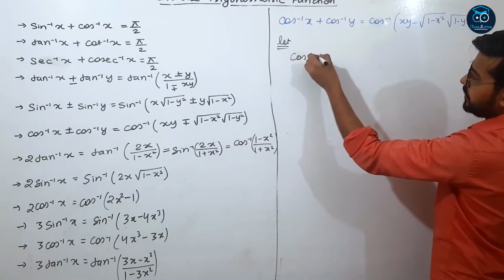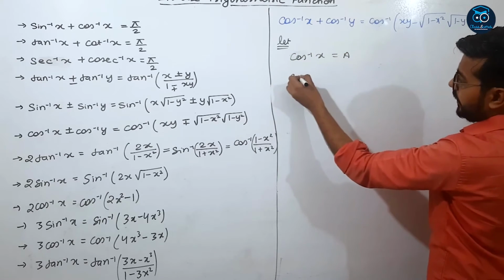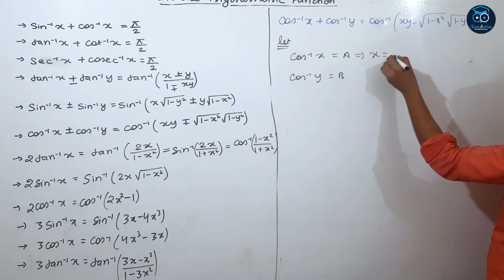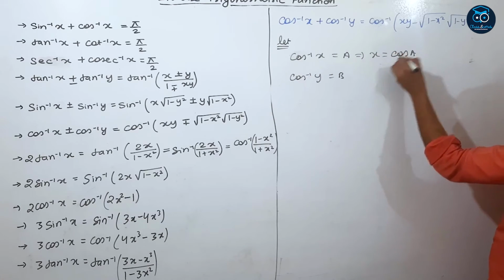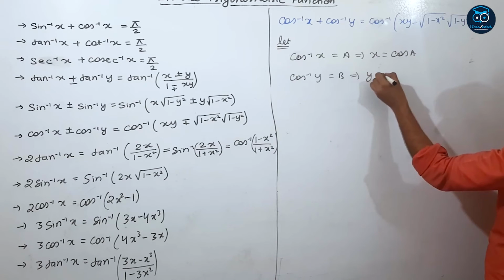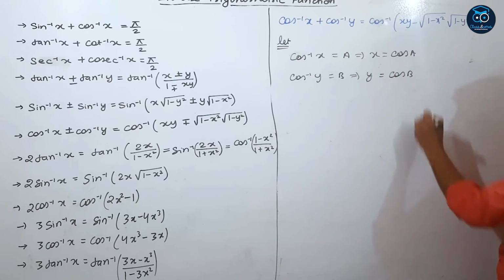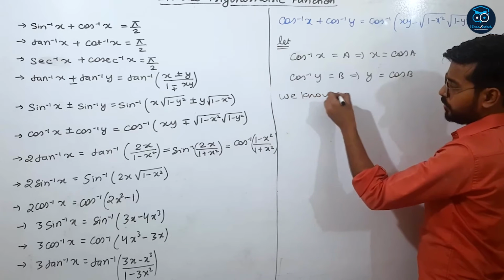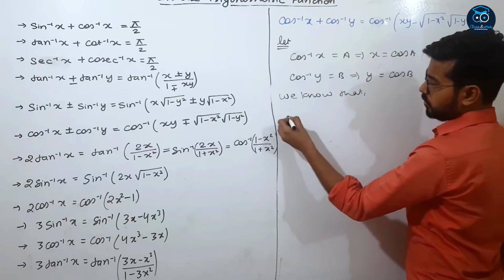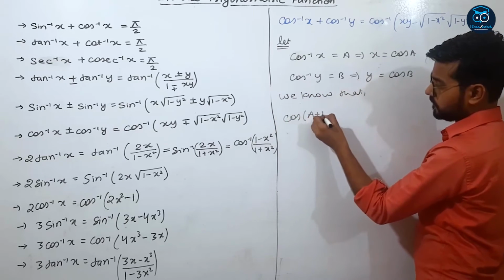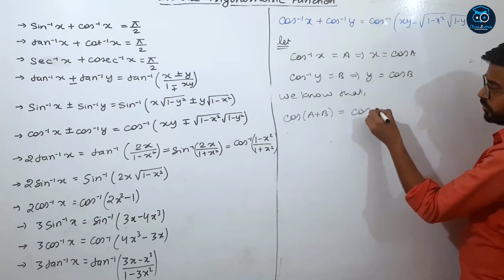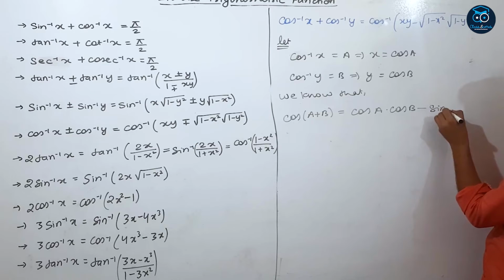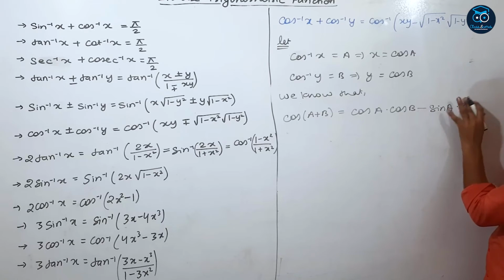First, let cos inverse x equal a and cos inverse y equal b. From this we get the value of x, that is cos a, and the value of y, that is cos b. We know that cos(a plus b) equals cos a cos b minus sin a sin b.